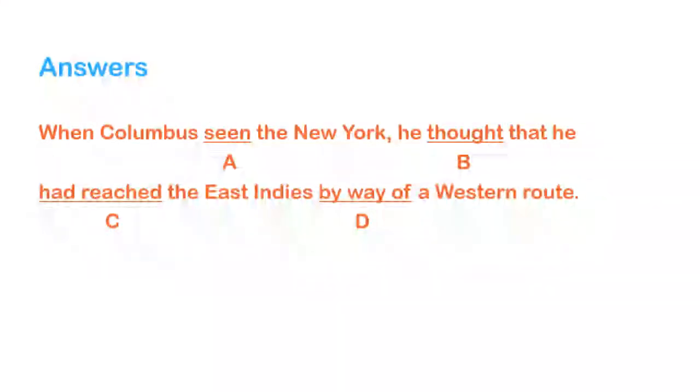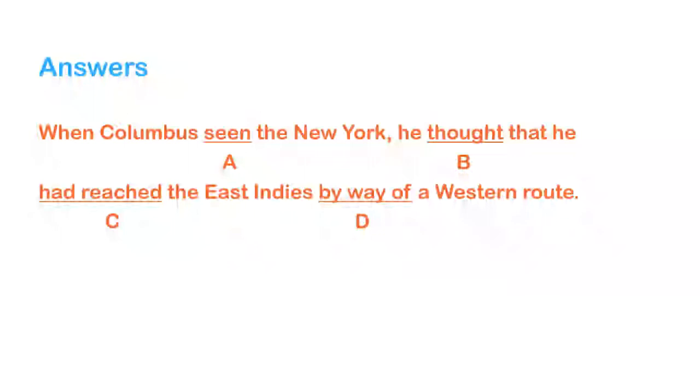Okay, next question. "When Columbus seen the New York, he thought that he had reached the East Indies by way of a western route." Here we can see that three of the choices are verbs. They are A, seen, B, thought, and C, had reached.